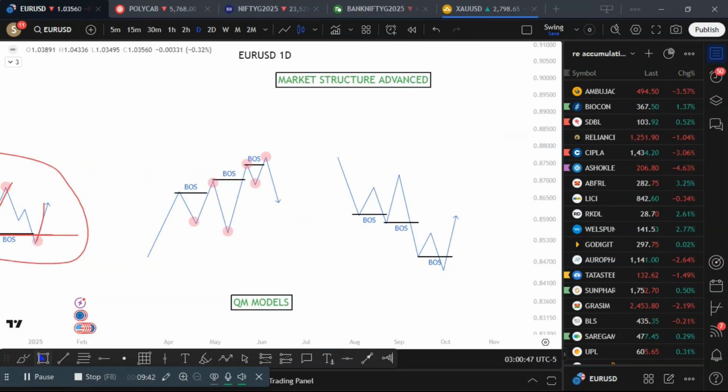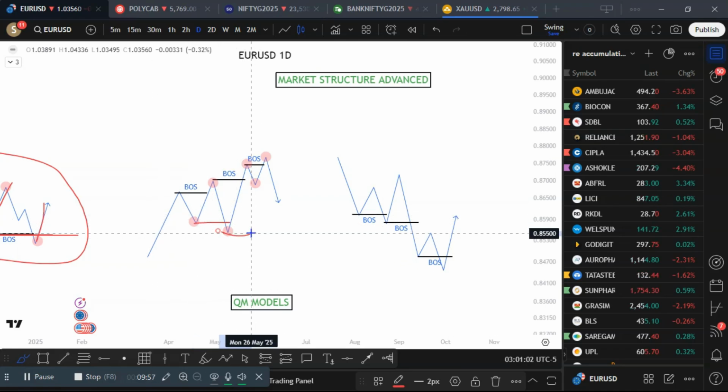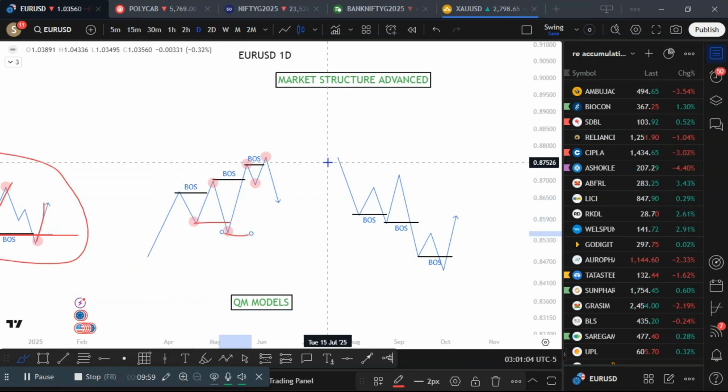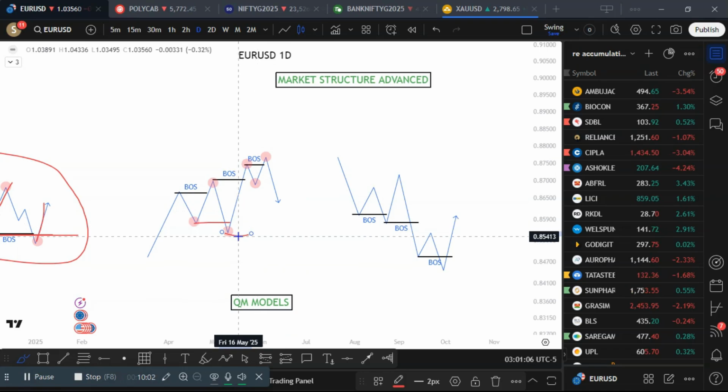So here what did price do? Price did a break of structure and after that it grabbed the liquidity. Whenever price, after breaking the external structure, grabs internal liquidity, that point becomes our strong low. Only then we can say this is the strong low. Why?